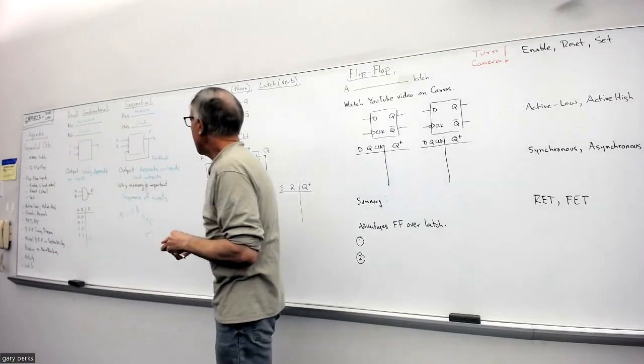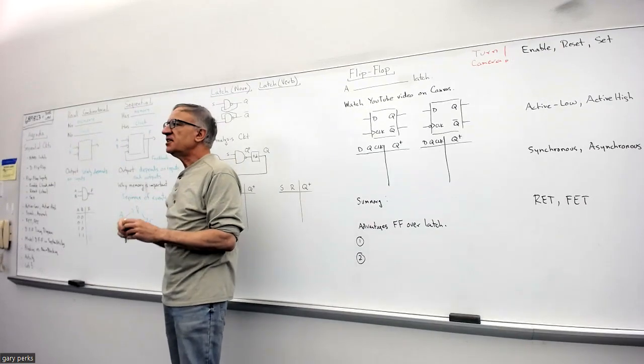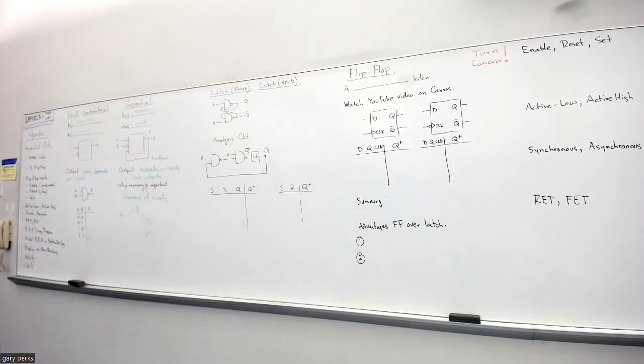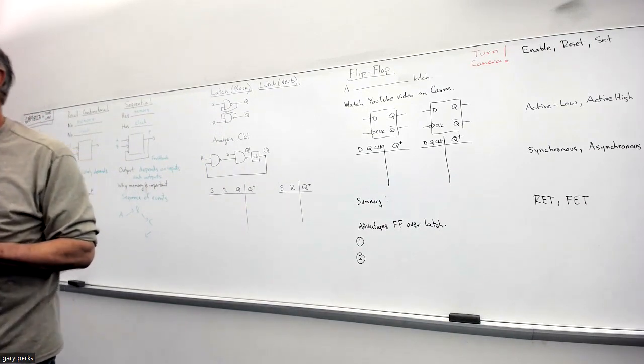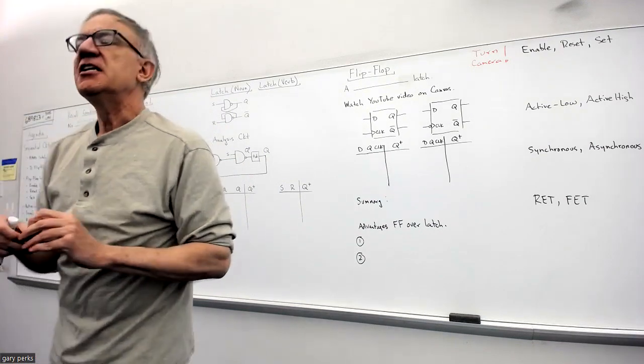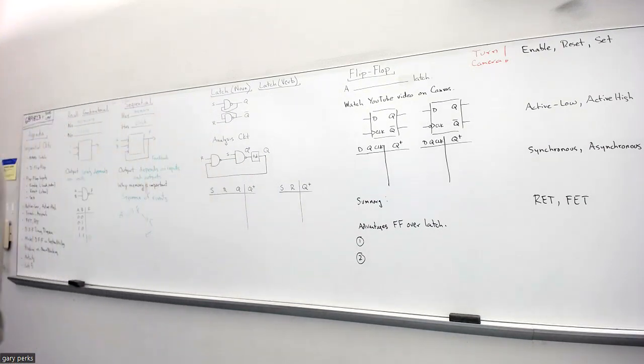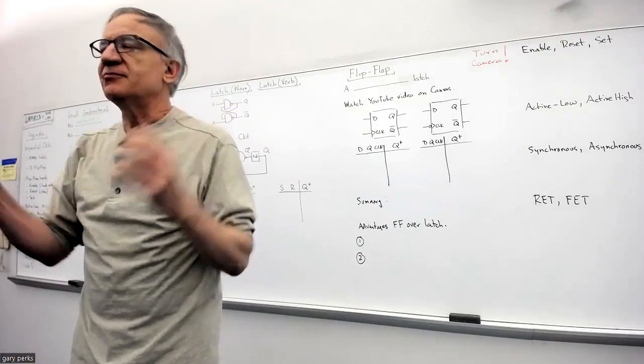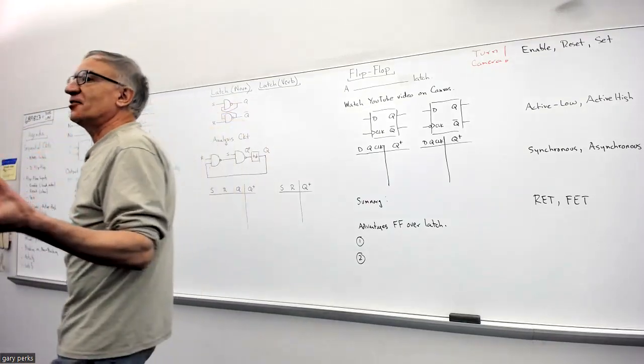You're going to see that next week when we get to something called a finite state machine. FSM is the acronym for finite state machine. You will see that these finite state machines will perform some sequence of events. At that time, you'll learn about something called a state diagram, which could also be called an event diagram.